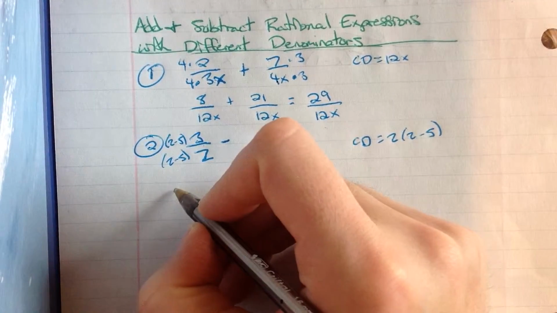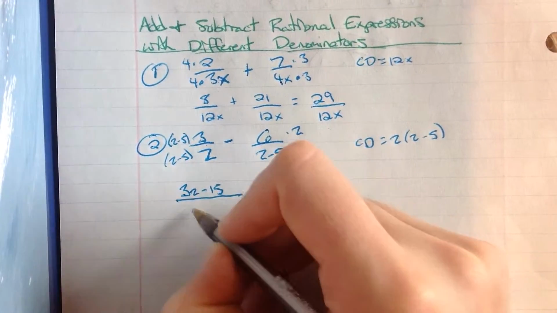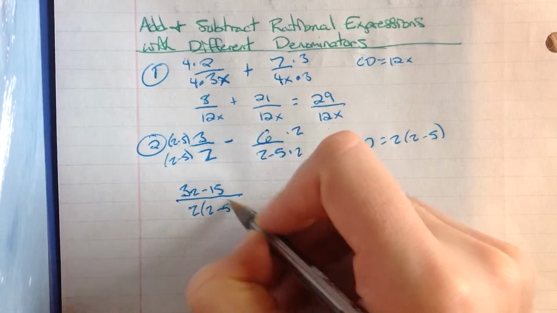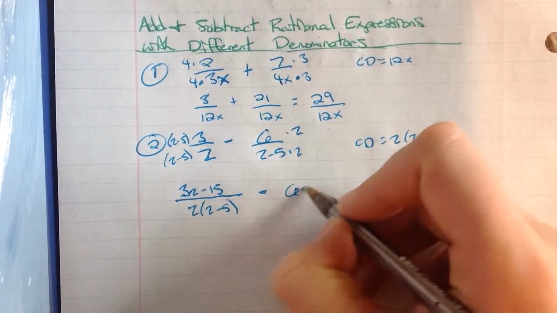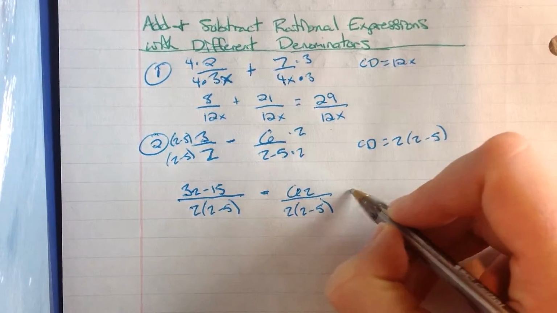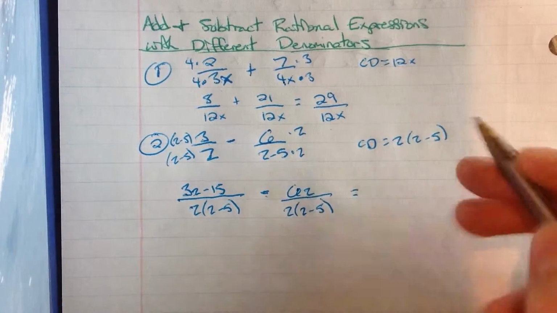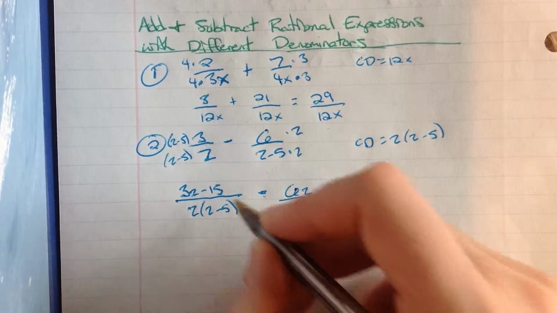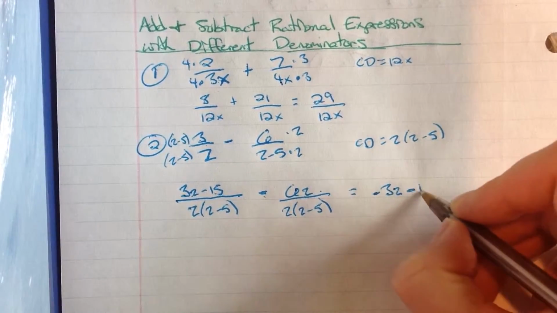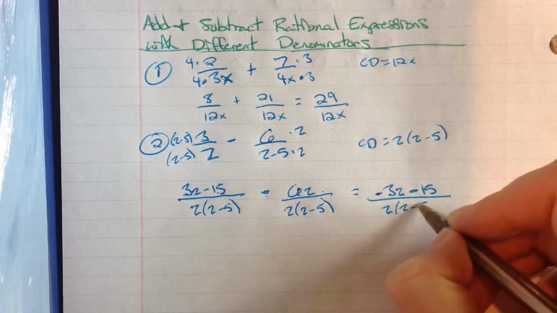So our new fraction becomes 3z minus 15 over z minus 5 minus 6z over z minus 5. I combine 3z minus 6z, or negative 3z. Negative 15 doesn't have anything to combine with, all over z minus 5.